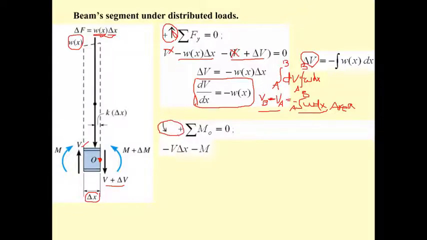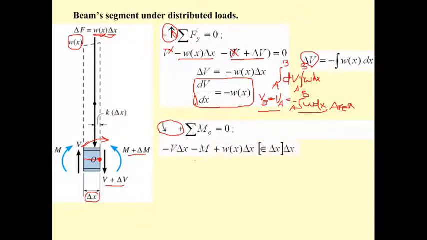If you take the moment here, this force is going to produce zero moment, and this one is going to have rotation in the clockwise direction. With this length delta x, it is negative. And M here is also going to rotate in the same direction as the V, so it is negative. The last one we have is the M plus delta M.